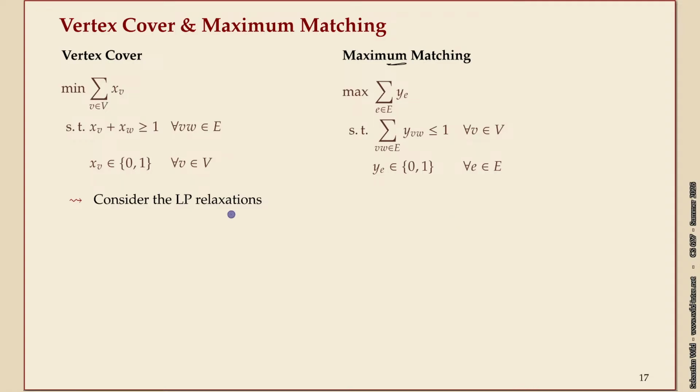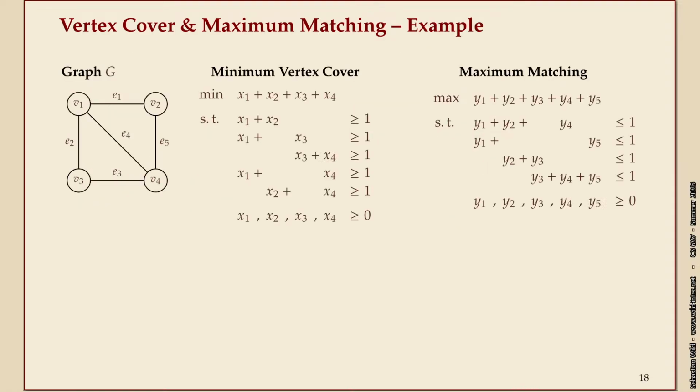Now, if we look at their LP relaxations, we see that they're duals of each other. And here's a concrete example to make the structure extremely visible. It's a small graph with 4 vertices, 5 edges. The LP for minimum vertex cover can be written like this. For each edge you have a constraint, which says one of the endpoints has to be picked, but in LP language, just the sum of the endpoints has to be at least 1.